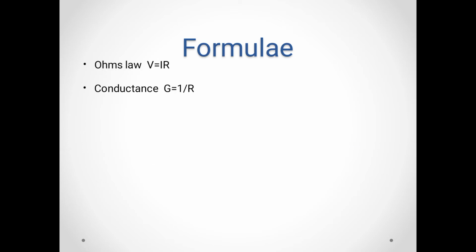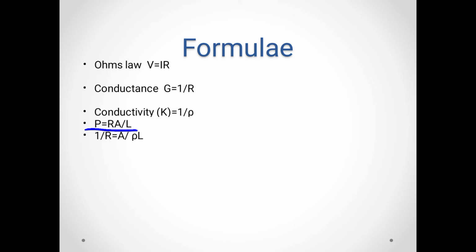Next we have Ohm's law, which is given by V is equal to IR. Conductance, which is denoted by G, is the inverse of resistance. The conductivity is given as the inverse of resistivity, and your rho is given by the formula RA by L, where R is your resistance, A is your area, and L is the length.